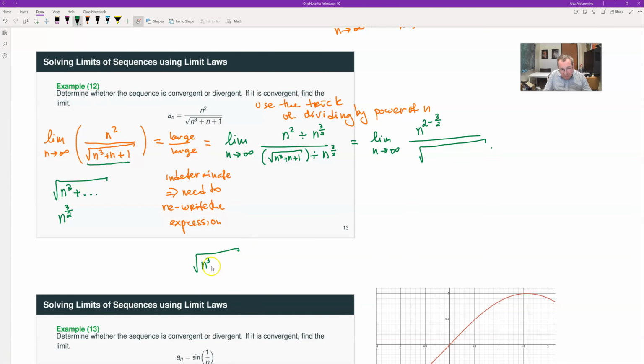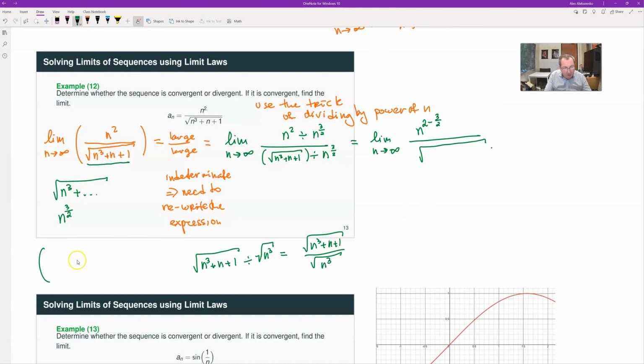So what do I have? I have n cubed plus n plus 1. Then I have the division, and n raised to 3/2 you can think of as the square root of n cubed. Another way to think about it is a fraction: n cubed plus n plus 1 divided by the square root of n cubed.